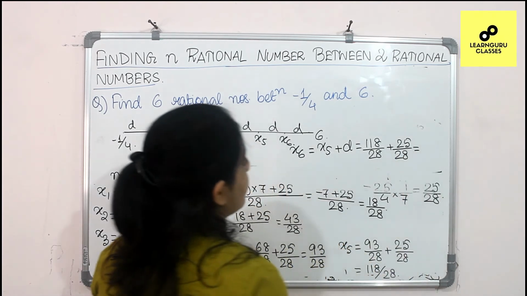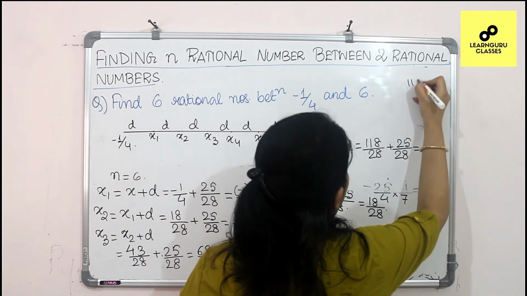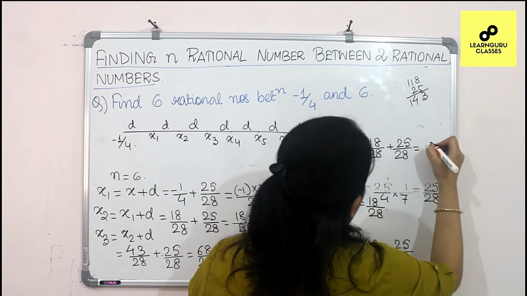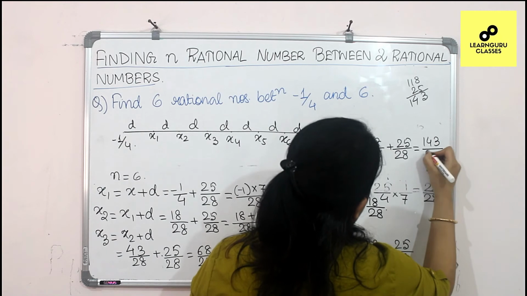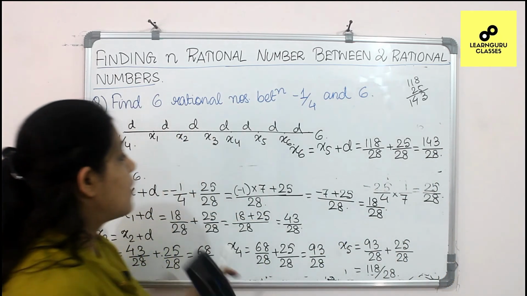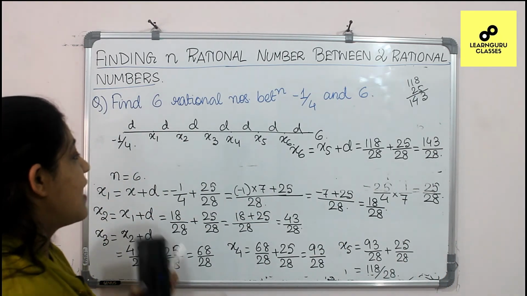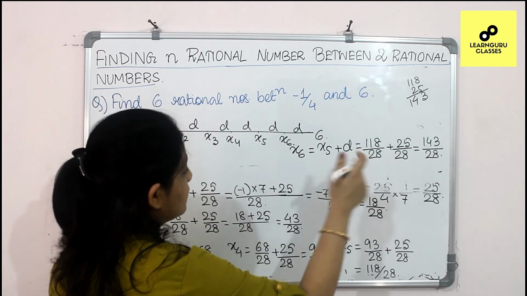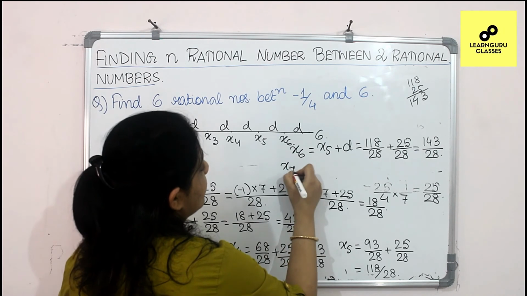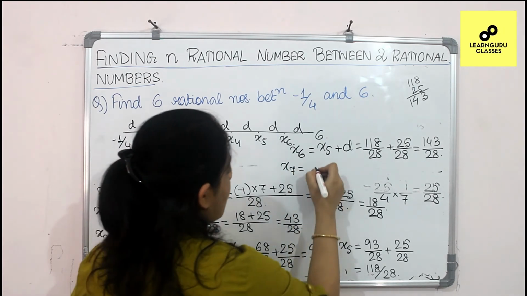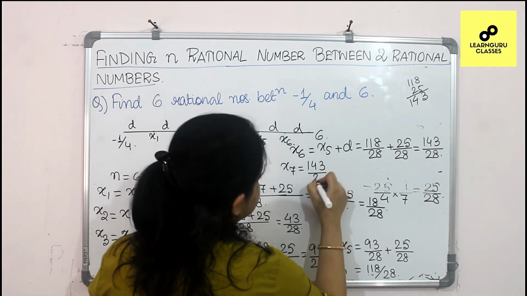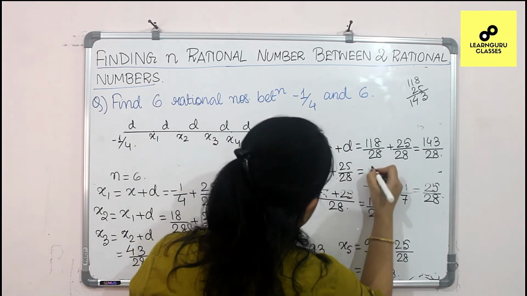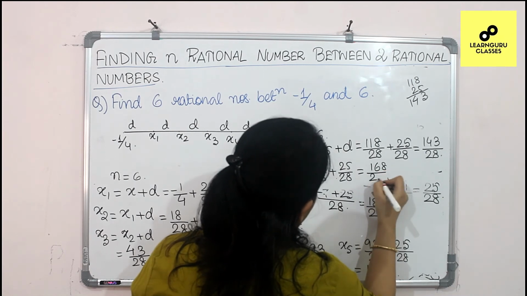So this is all about calculations. This is 143 by 28, and the seventh number is 143 by 28 plus 25 by 28, which gives 168 by 28, just to see whether your calculations are correct or not.